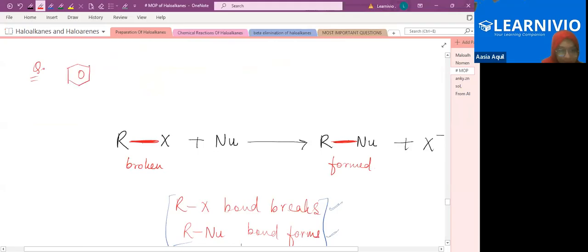Suppose it's benzene and here a chlorine group is attached. And I'm treating it with NaOH, sodium hydroxide.